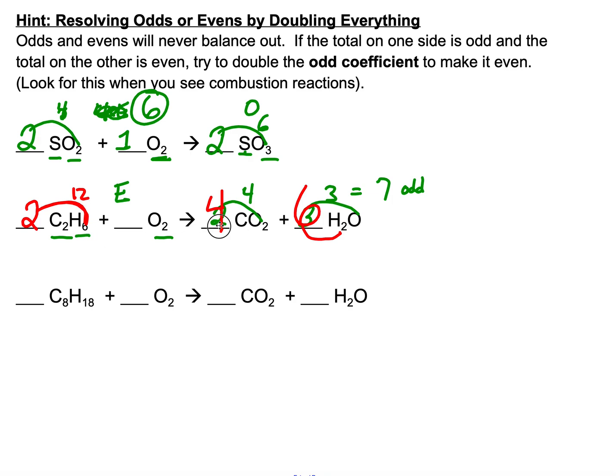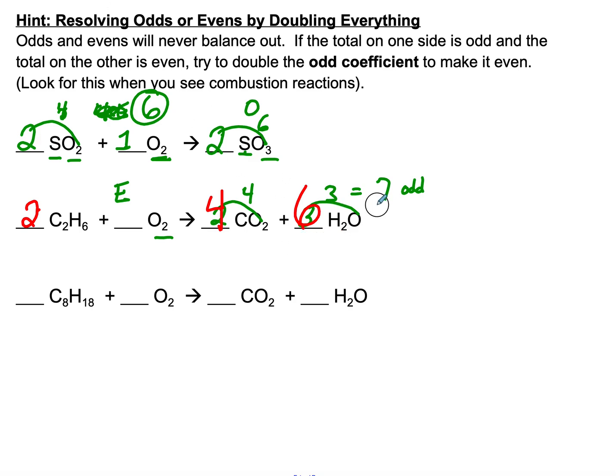The carbons, 4 times imaginary 1 is 4. Over here, 2 times 2 is 4. So the carbons and the hydrogens work out by taking that imaginary 1 and doubling it by making it a 2.